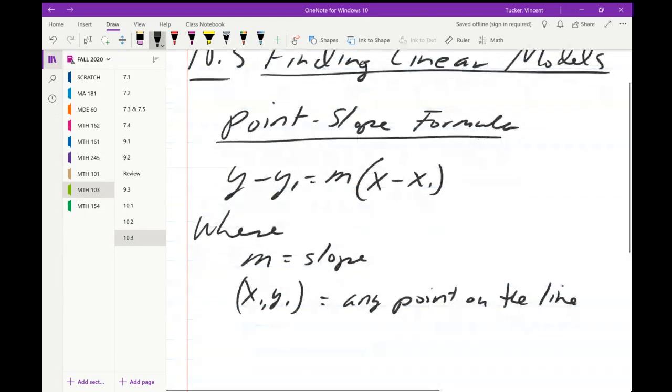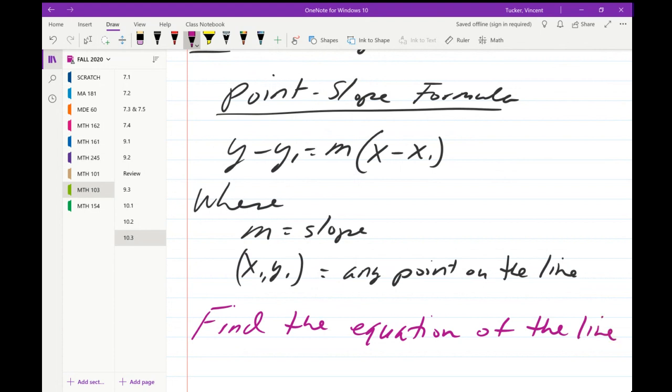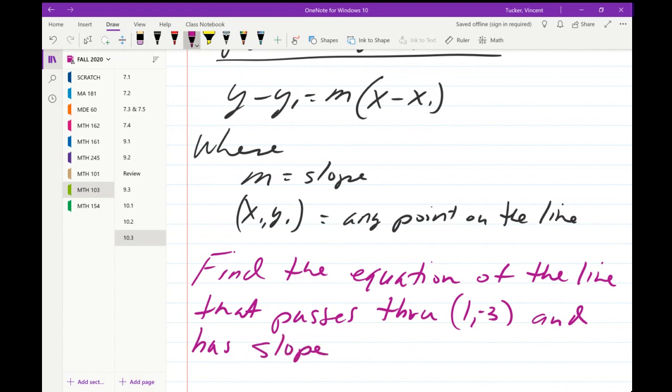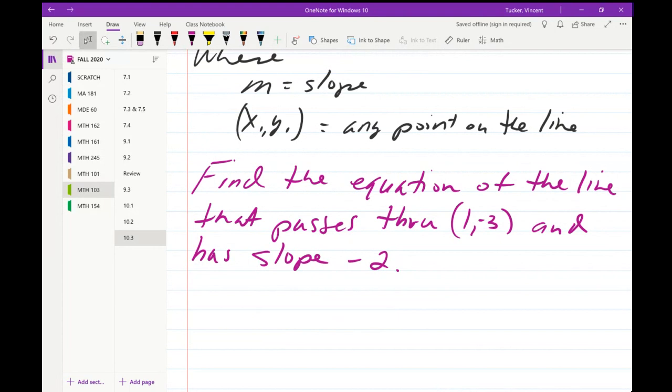All right. So find the equation of the line that passes through (1, -3) and has a slope of -2.